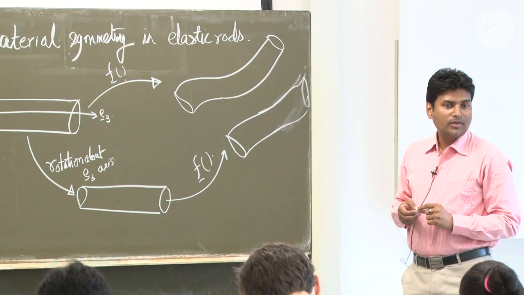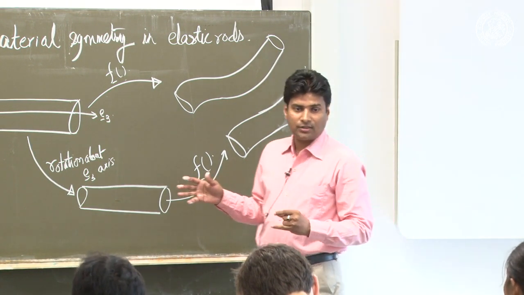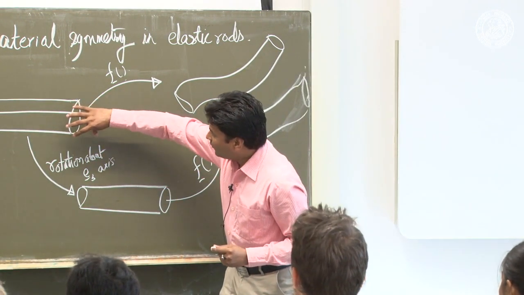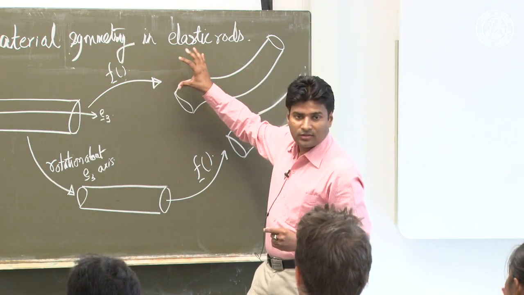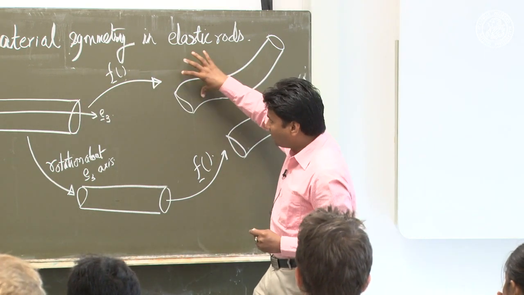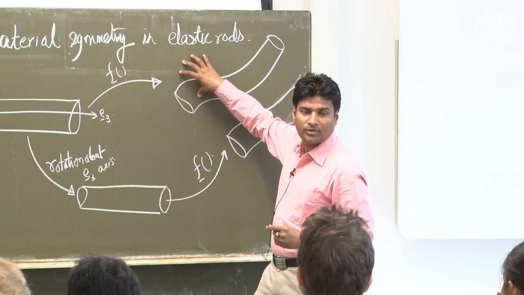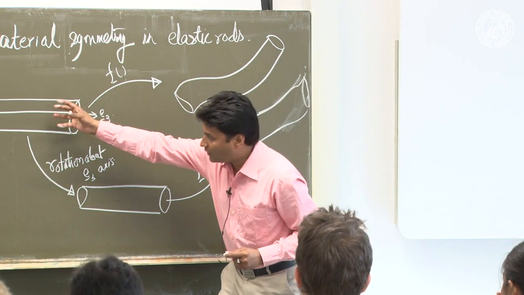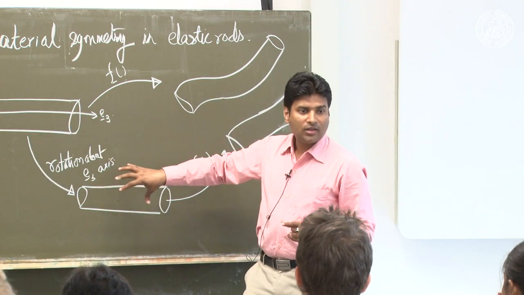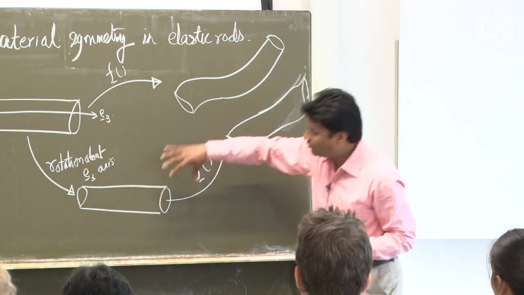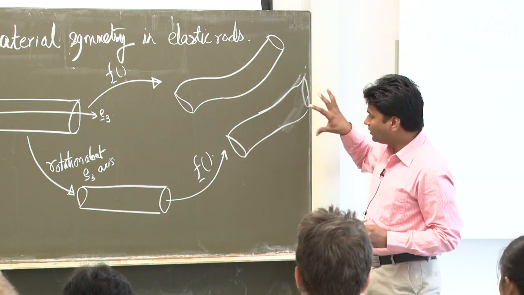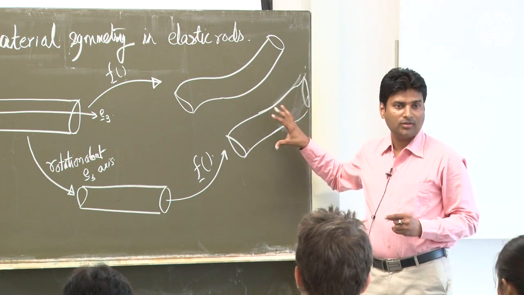So what do we do in 3D elasticity? In 3D elasticity, we first apply some deformation and then think of the energy of the deformed body. And in the second experiment, we first apply some rotation and then apply the same deformation as we have done here, and again think of the energy in the deformed body.